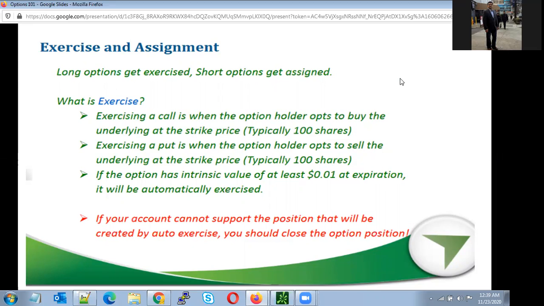There is an intrinsic and extrinsic value, right? Time value means if you buy out of the money, there is some value assigned to that particular time, meaning there is that much time period and I'm going to have that much time. People have to see the value in the contract.